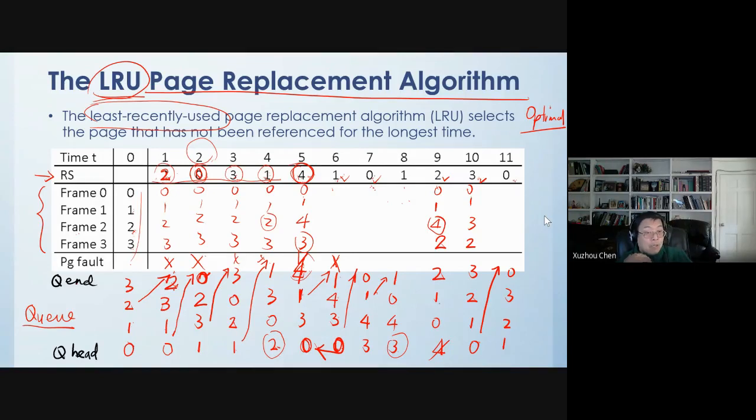Okay, so this basically gives you an idea that if a page is more frequently referenced, then that page will be less likely replaced, which is good. Okay. Also, the least recently used page replacement algorithm is based on our life experience.